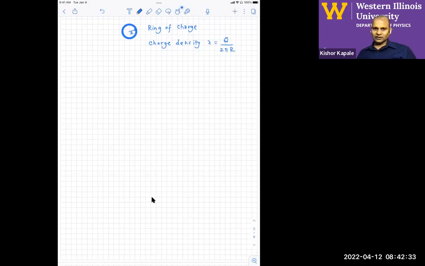Now you want to find out, again, the idea is the same. Find the potential phi as a function of r and theta. Even though the ring is sitting in a plane, you still want to have potential surrounding it. So it's sort of like determining phi in the 3D spherical coordinate system.